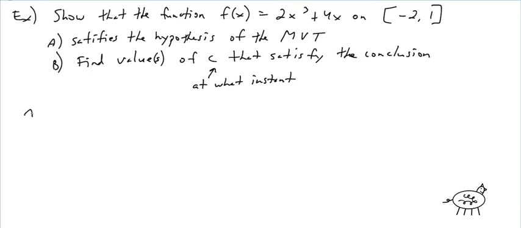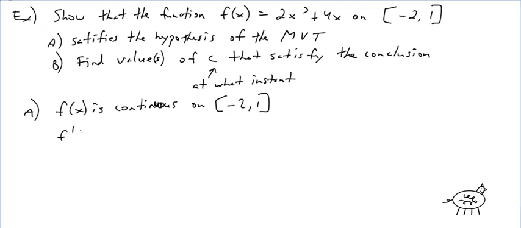Okay, so the first part is almost just kind of investigating a little bit. First of all, it's a continuous function, right? There's no issues with it not being differentiable. So literally, you're just going to say f of x is continuous on the interval -2 to 1. Okay, that's pretty easy right off the bat.